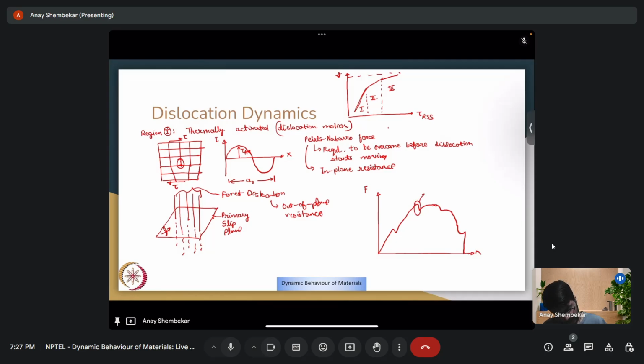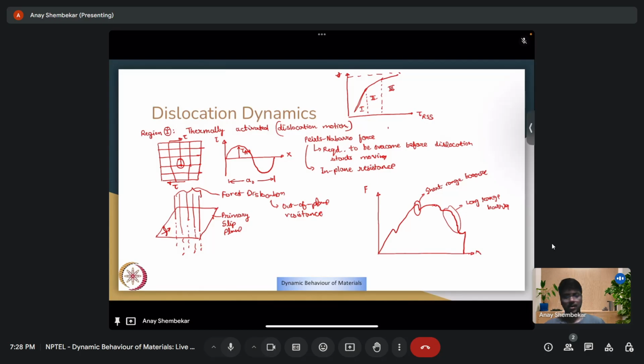This is a short range barrier, and it depends on how the dislocation would move forward from one unit cell to the next. Whereas if you have a larger distance being covered, then you have a long range barrier. The long range barrier is typically a function of the structure, and as we'll see quickly, the short range barrier depends on the surrounding temperature.